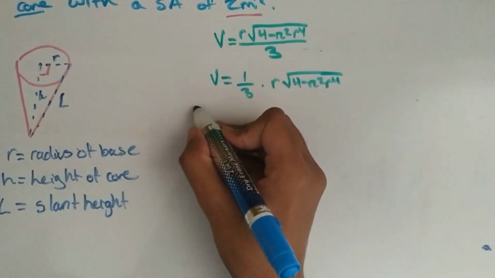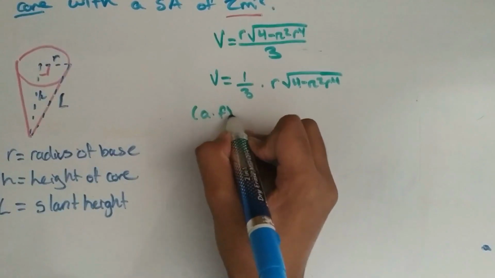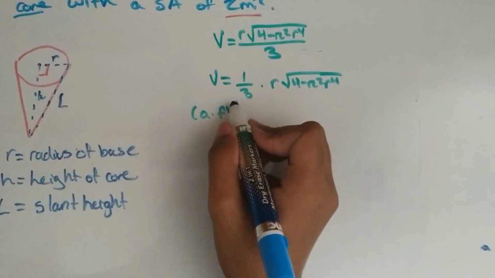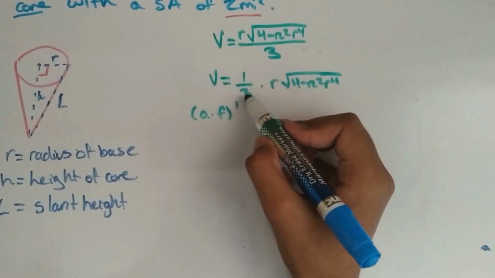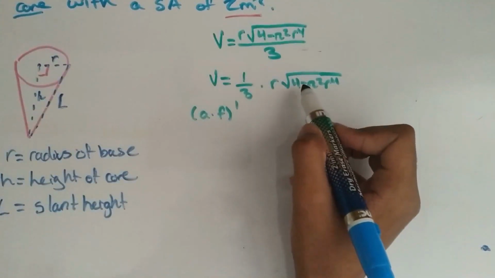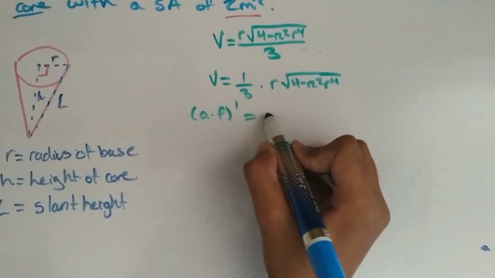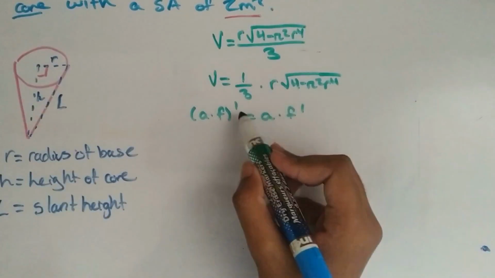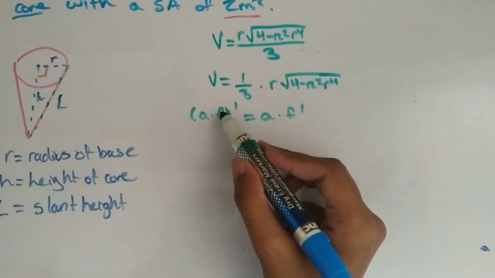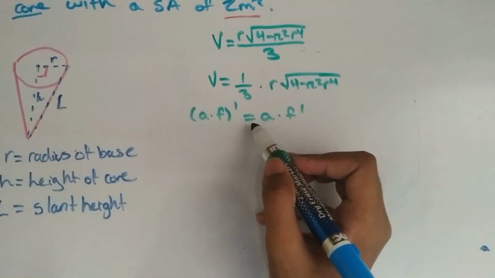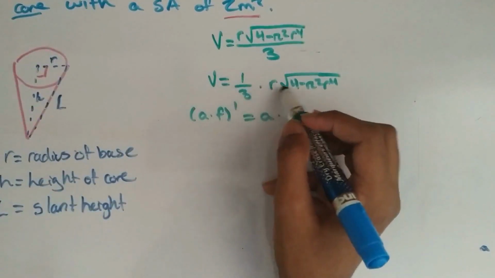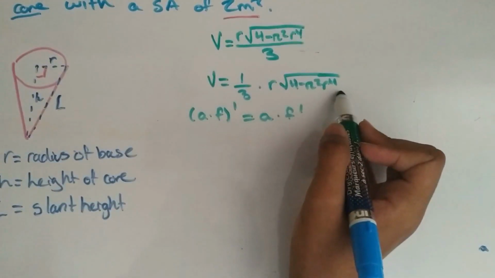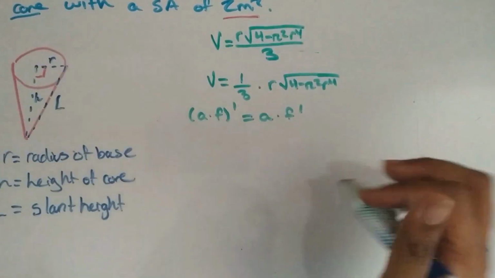The reason being that if you're trying to find the derivative of a constant multiplied by a function, that is just equal to a times f prime. So we can just take the prime of the second part and leave the constant out. So essentially we don't have to do the product rule here at the start. We can just leave the constant out and just take the derivative of this. So that's what we're going to go ahead and do.